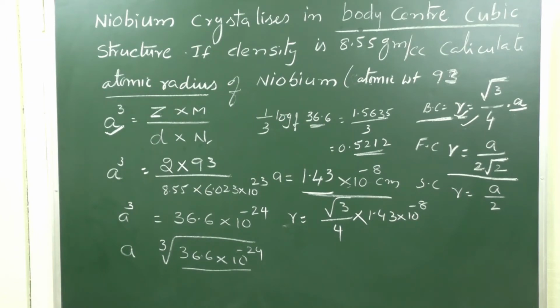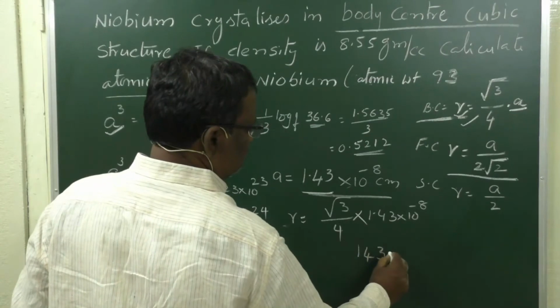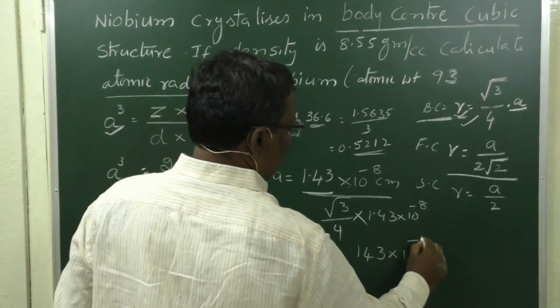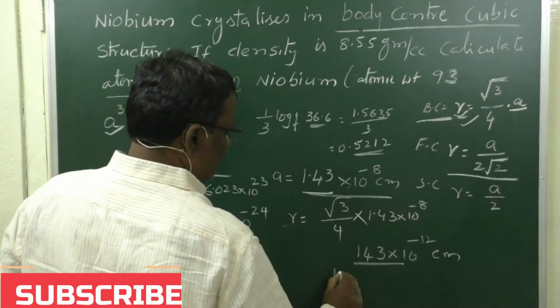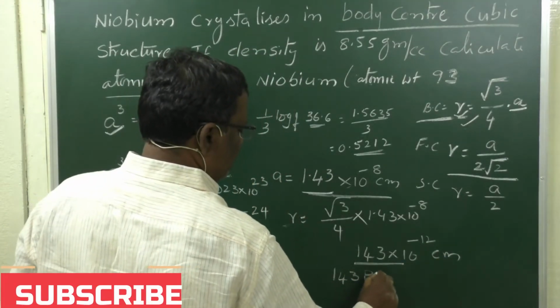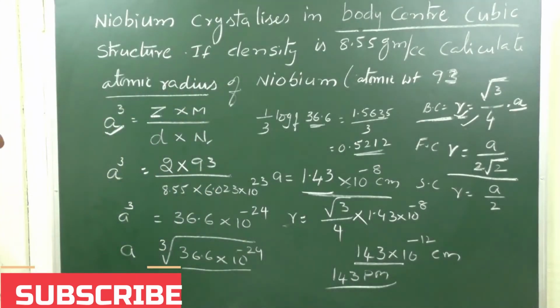On simplifying this, you will get 143 × 10^-12 centimeters, or 143 picometers. That is the radius of an atom.